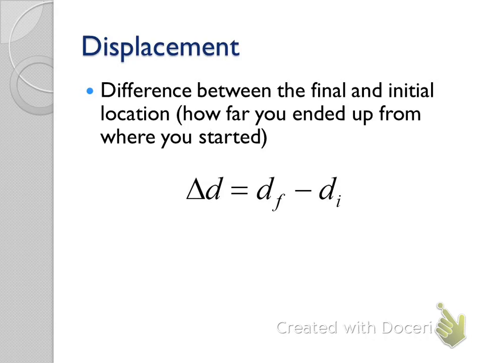So this right here is the equation for finding displacement. Does anyone know what this Greek letter is called? Delta. Delta, good. And it is a triangle. What does it mean? Anyone know? Difference, oh good, or the change in.